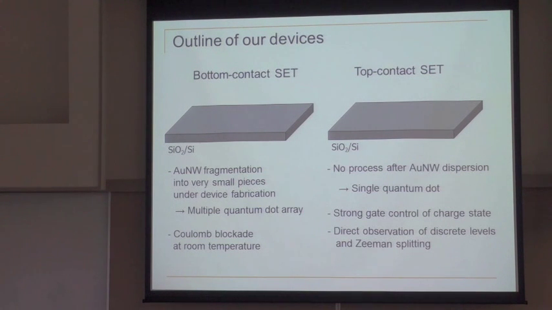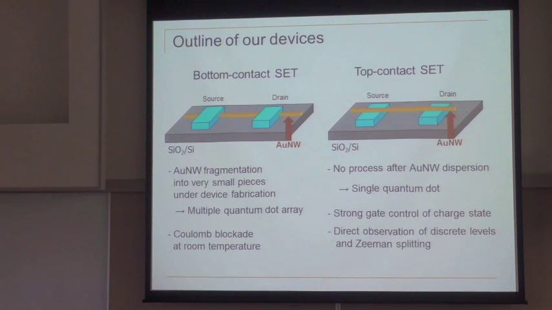In this study, we fabricated two kinds of device. One is the bottom contact SET, where first we disperse gold nanowire on the substrate, and then we deposit the electrodes. And the other is the top contact SET, where first we deposit the electrodes and then disperse the nanowire on the electrodes.